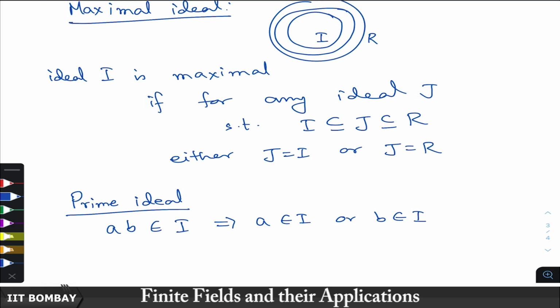Then we say that ideal I is a prime ideal. This should happen for all A and B. That is, if AB is in I, then either A is in I or B is in I.